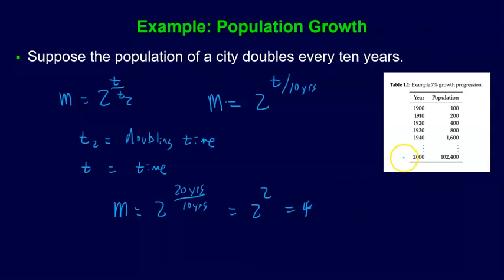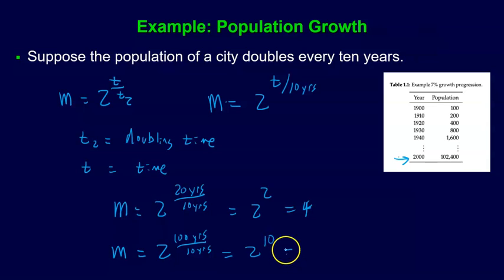For instance, this one here, you can actually double it a whole bunch of times to get to this crazy number here. But another way you can do that is take this 2. So instead of 20 years, write out the 100 years. So 100 divided by 10.